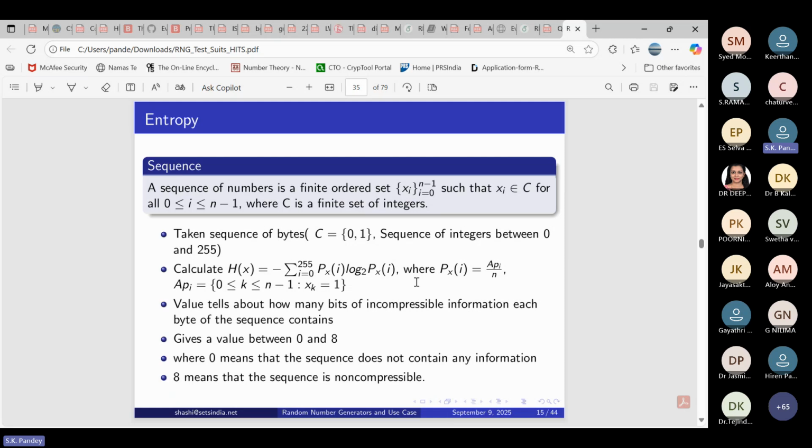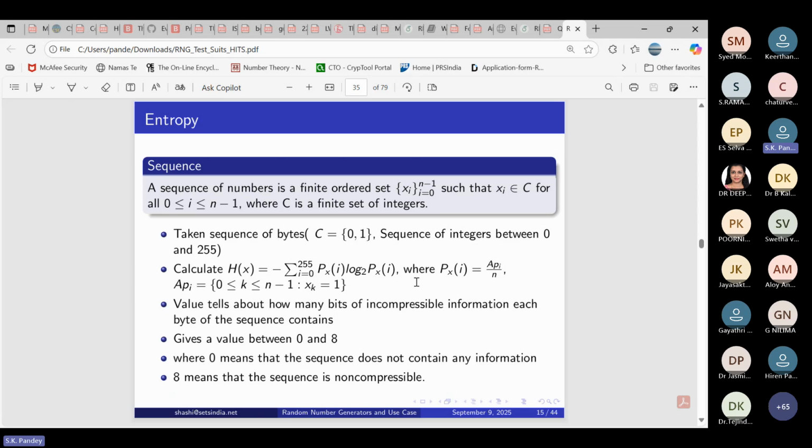Ultimately, the whole sequence is values of numbers between 0 and 255. Using their distribution in that sequence, you can calculate the entropy value, using the probability distribution and the log of this probability distribution. This formula gives you the entropy value of the generated binaries. Since I have chosen this to be byte-wise, this entropy lies between 0 and 8.